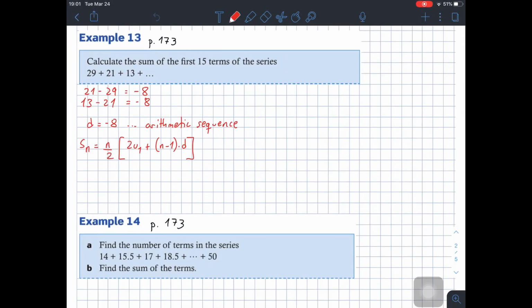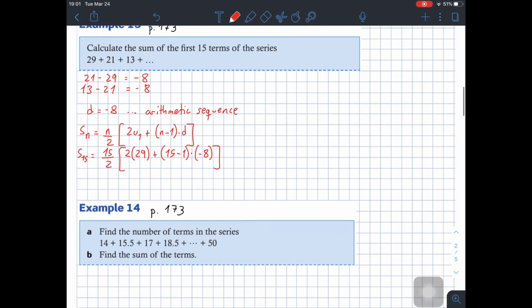So S of 15 would be 15 divided by 2 times 2 times u1. u1 is the first term, in this case 29, plus n is 15 minus 1 times the common difference, which is -8.